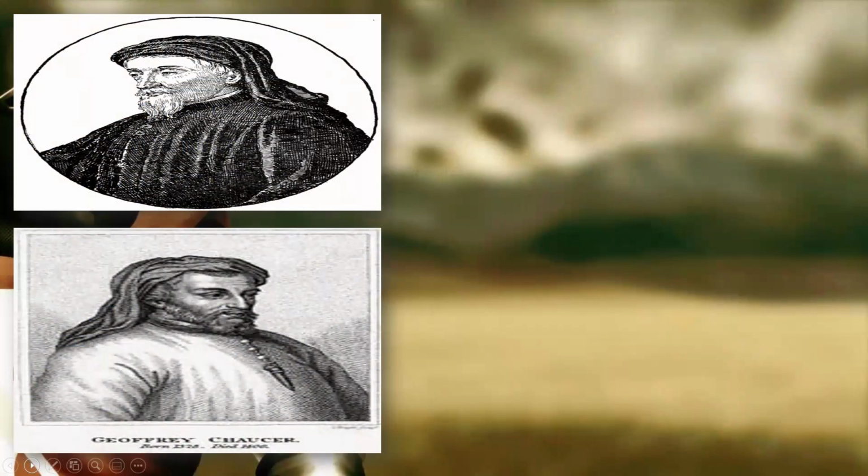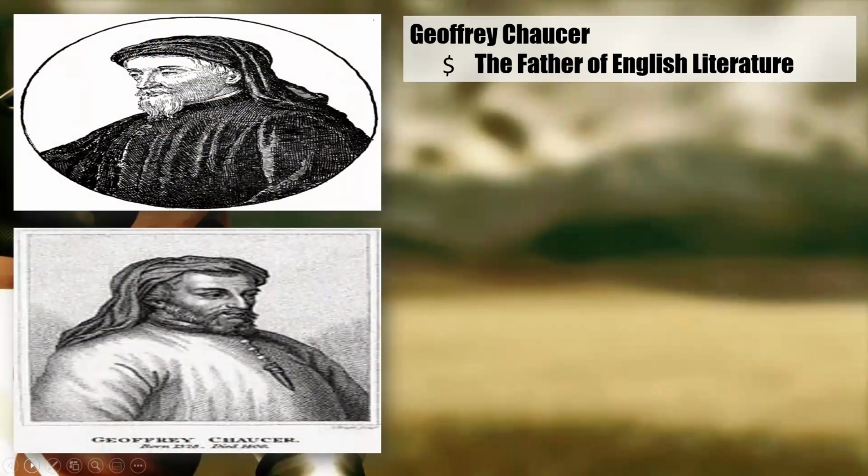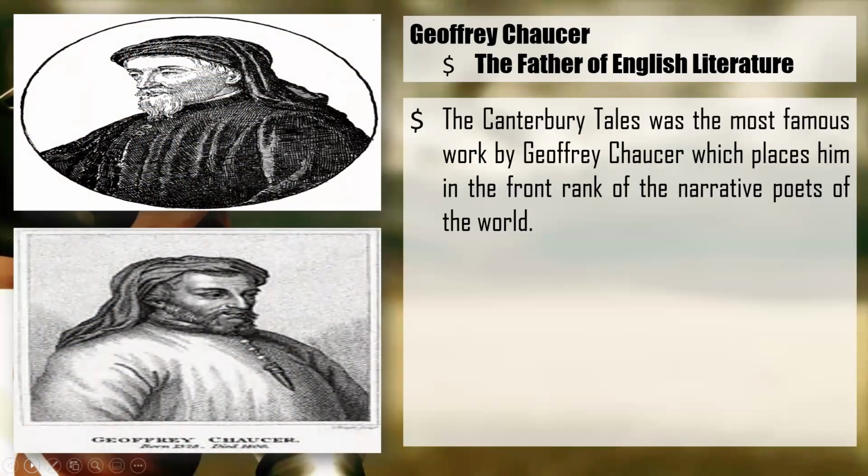So how does this occurrence affect children's literature, right? So during those times, we have Geoffrey Chaucer, the father of English literature. So he collected different tales from different parts of the world or in their area, and then compiled it.